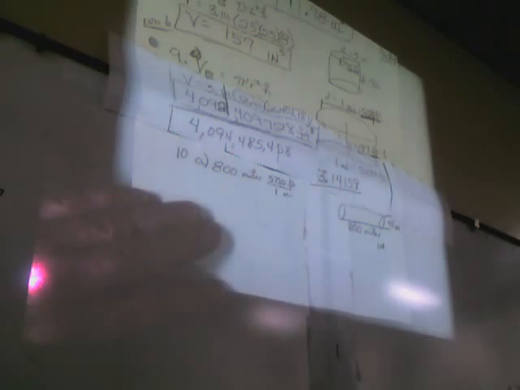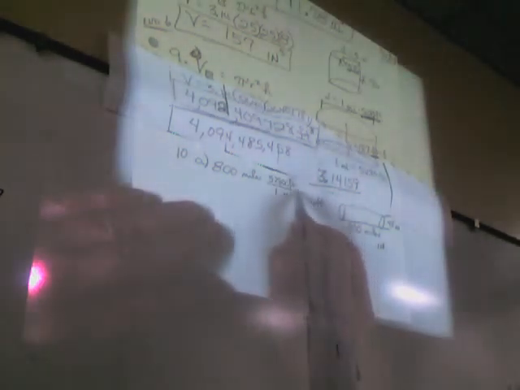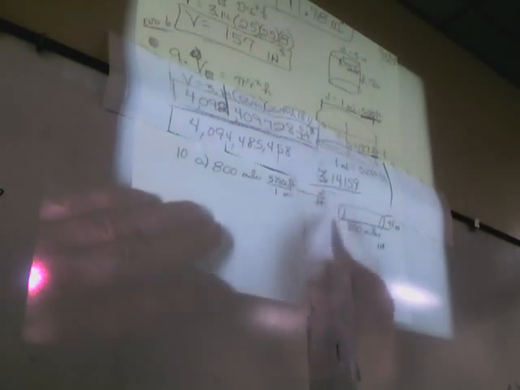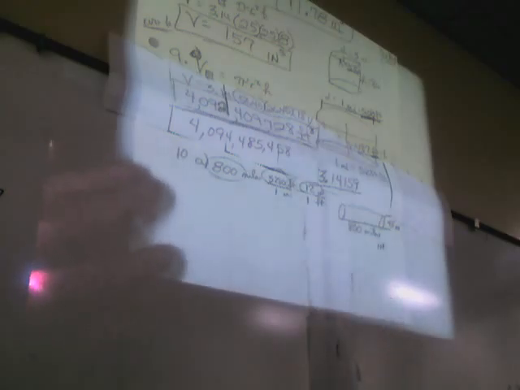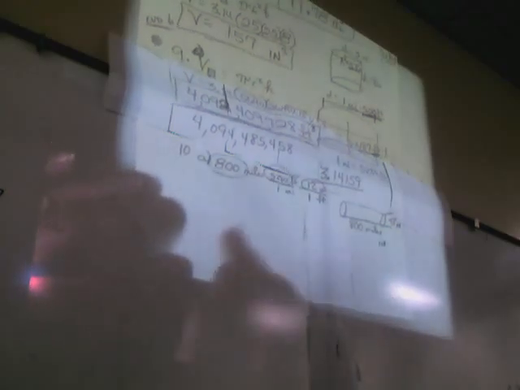We need to convert it to inches. If we put the feet down here, inches up here, the feet will cancel, and we'll have inches. In 1 foot, how many inches are there? 12 inches. So if we multiply 800 times 5,280 times 12, we'll have the conversion of 800 miles into inches. So multiply those 3 numbers for me.